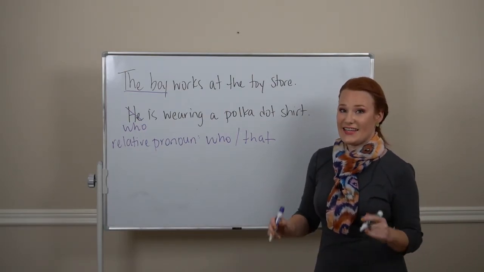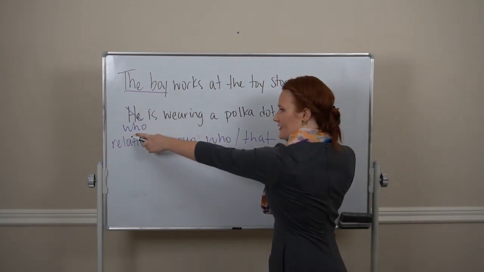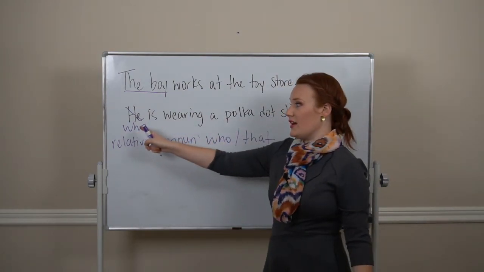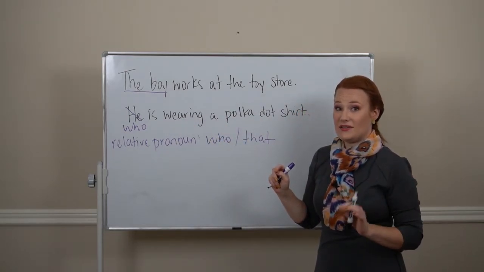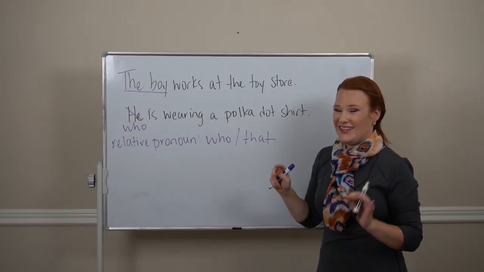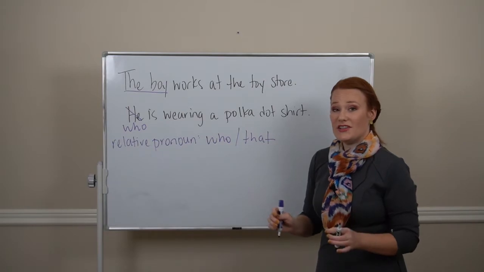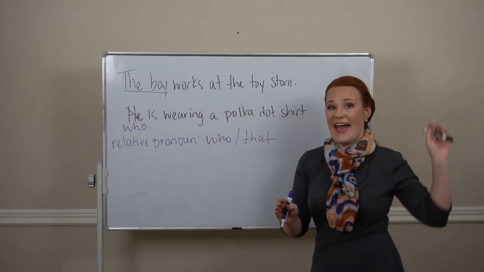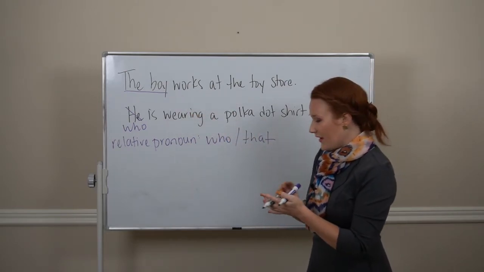The next thing I need to do is place this, which is now my relative clause, after the noun it's describing. It's weird. For adjectives, it goes before the noun. Relative clauses always come right after the noun they describe. So I'm describing the boy.